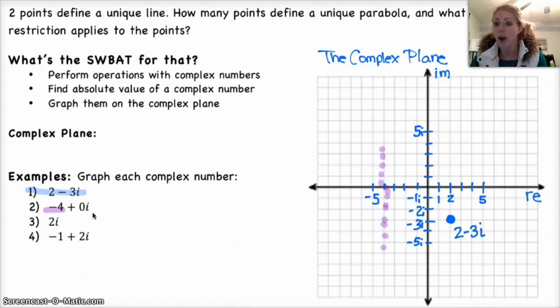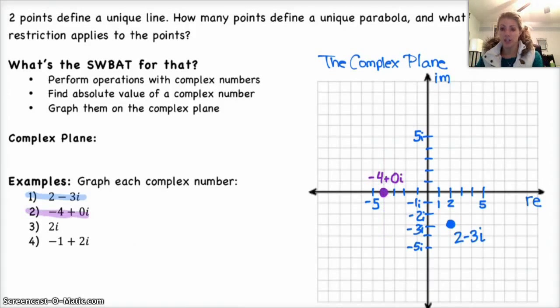And I have 0i. So my imaginary part is nothing. So my number is just on the real axis, right? It looks the same as the x-axis. It's not the x-axis, but it looks like the x-axis. Okay, so you should just go to the left 4 to plot that point.